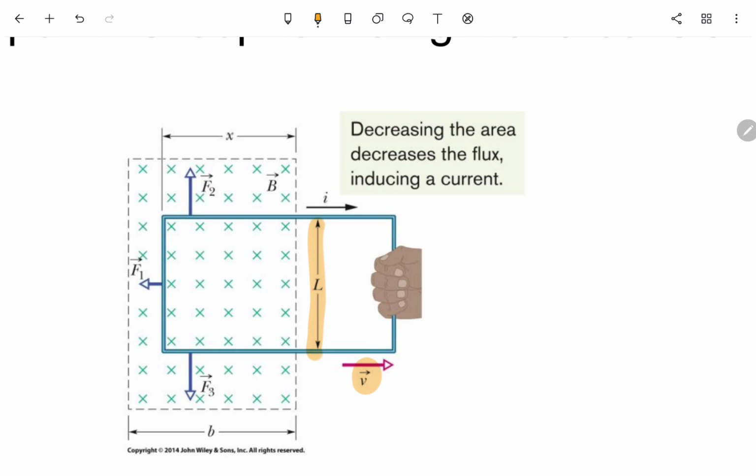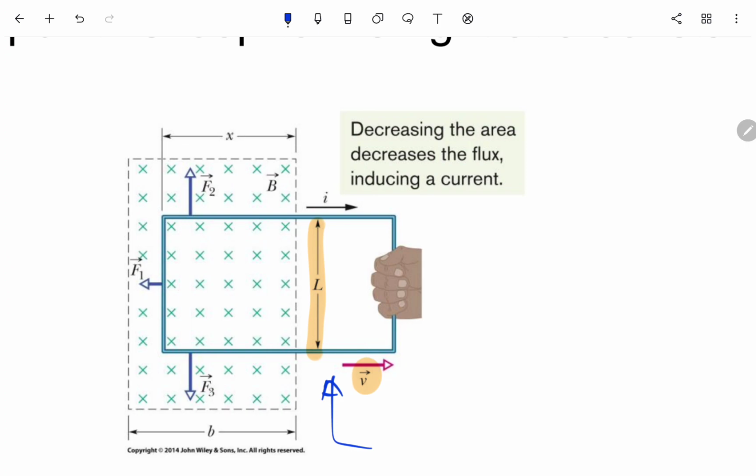In such a way, for this current loop, even though the B field does not change, as this loop is moving to the right, phi B is actually varying.